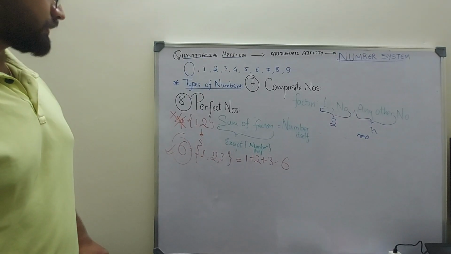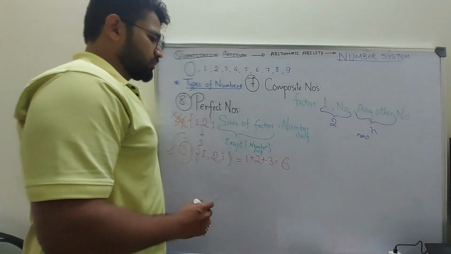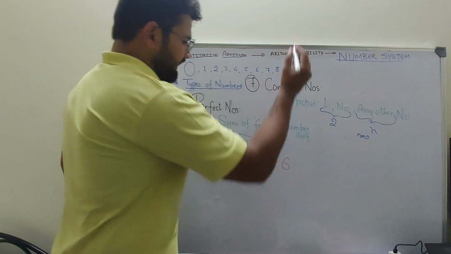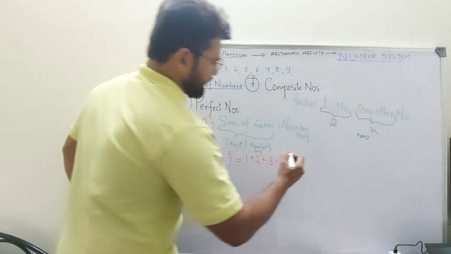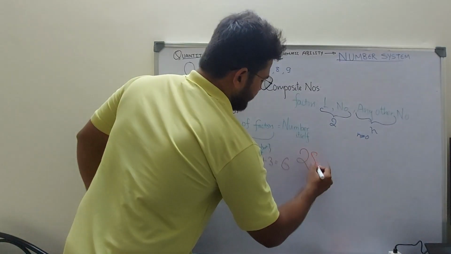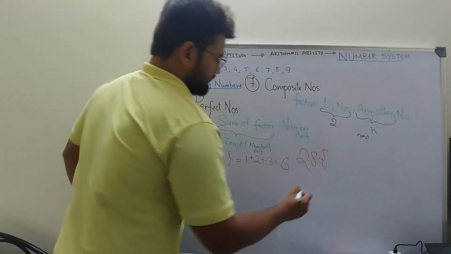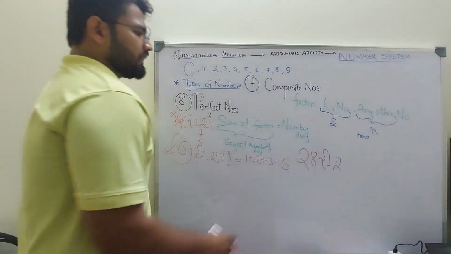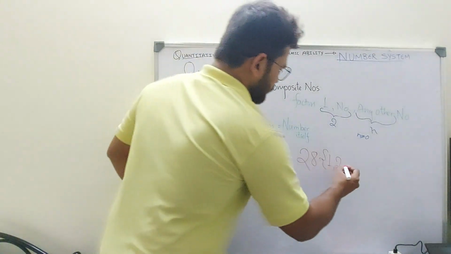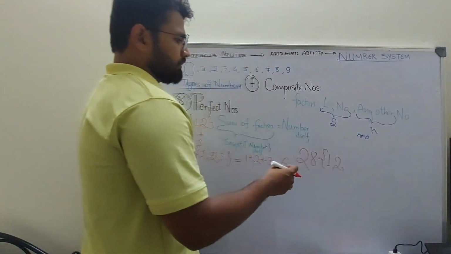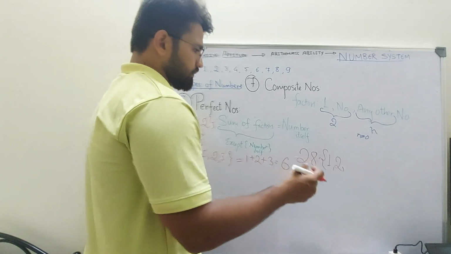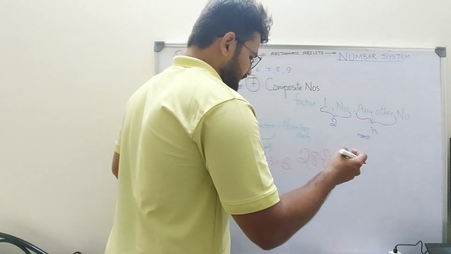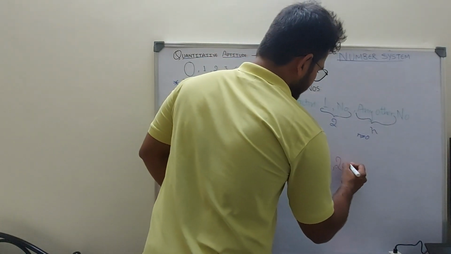Similarly, you can go to others also. For example, let's consider 28. Okay, some random number I am taking. 28. What will be the factors? 1, 2 will come. 3, no. 4, 4 will come. 5, 6, no. 7, 4 sevens, right?